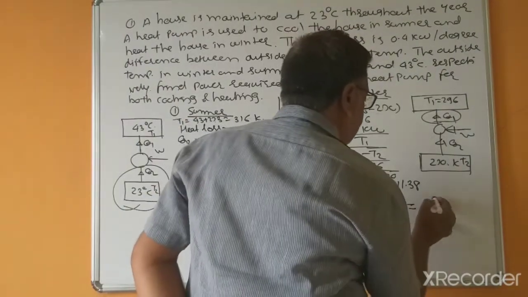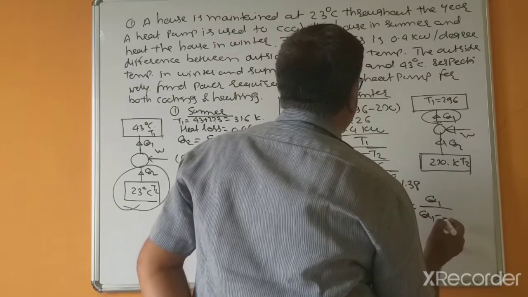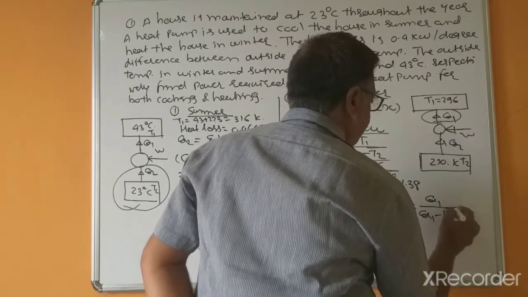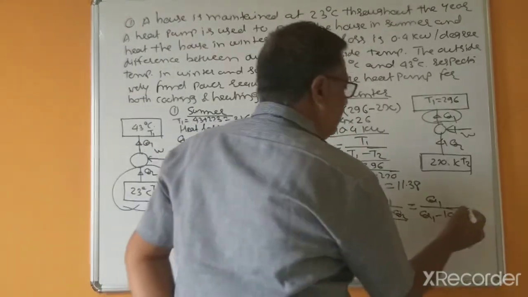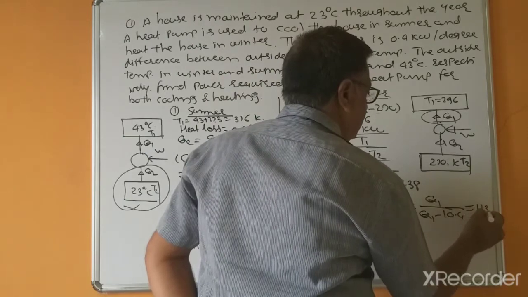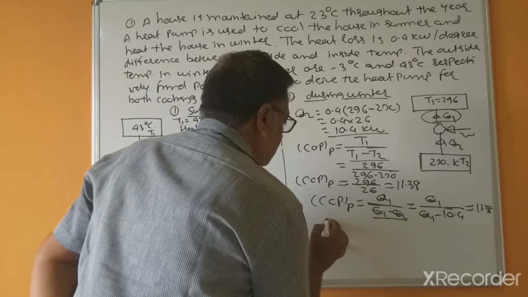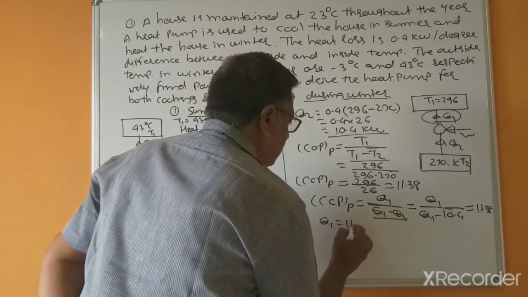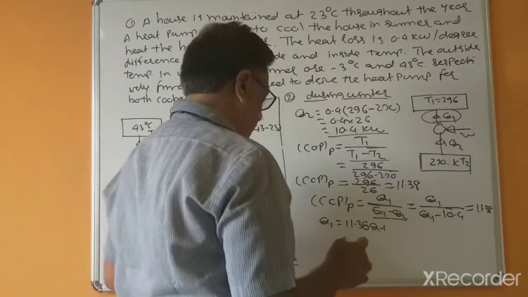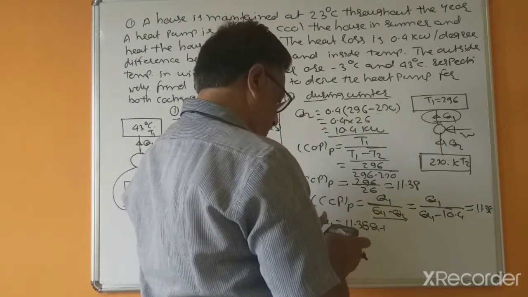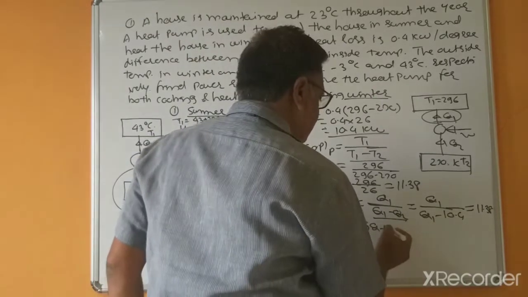So Q1 minus 10.4 is equal to 11.38, so Q1 equals 11.38 Q1 minus 118.4.